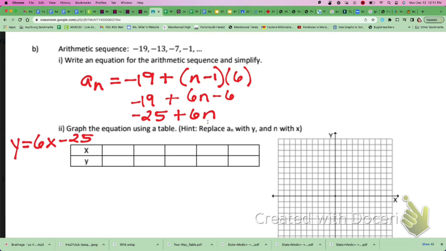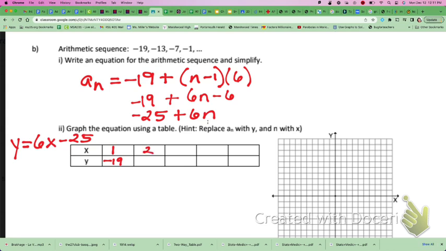All right, let's pick some nice numbers. If I pick negative 1, I'm going to have negative 6 minus 25, which is going to be really large. If I pick 0, I'm going to have negative 25. So let's go bigger than 0. If I plug in 1, what do we get? What's 6 minus 25? Negative 19.